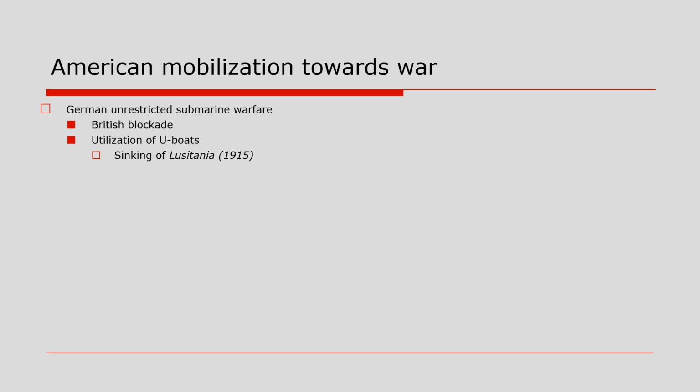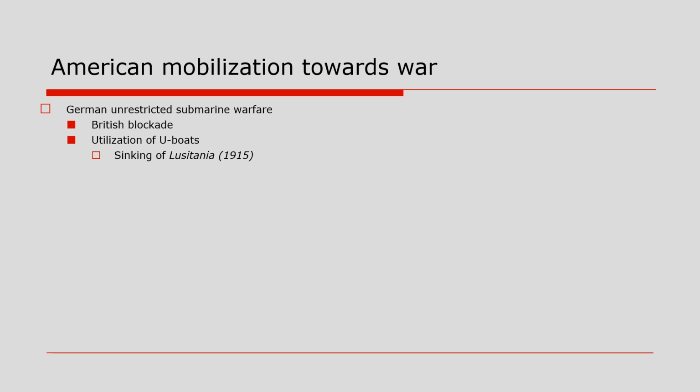And this includes American ships, certainly British ships, but also ships that are bringing materiel, weapons specifically, to the Allies. And the most famous example of this is the sinking of the Lusitania in 1915. The Lusitania is a British passenger liner that is sunk by a German U-boat. And a number of Americans are killed in the sinking.